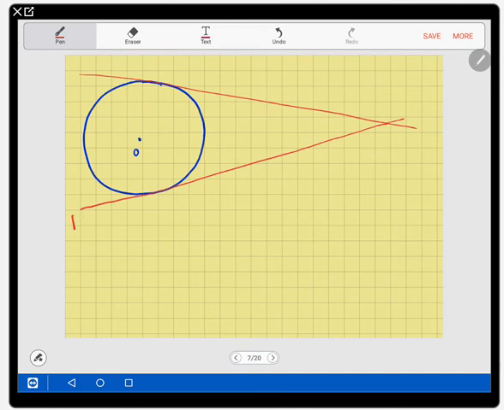This is tangents. What we will find is that the point where it touches the circle, the lengths will be the same.